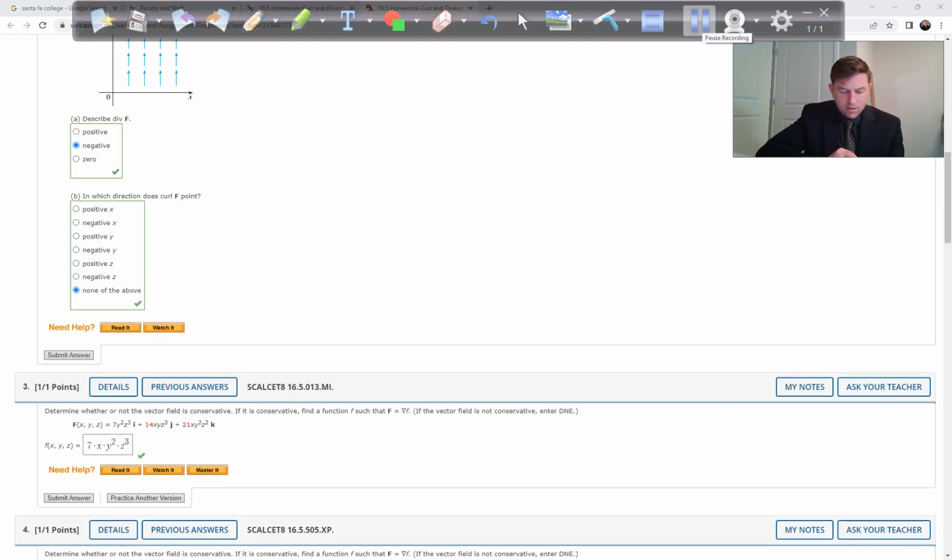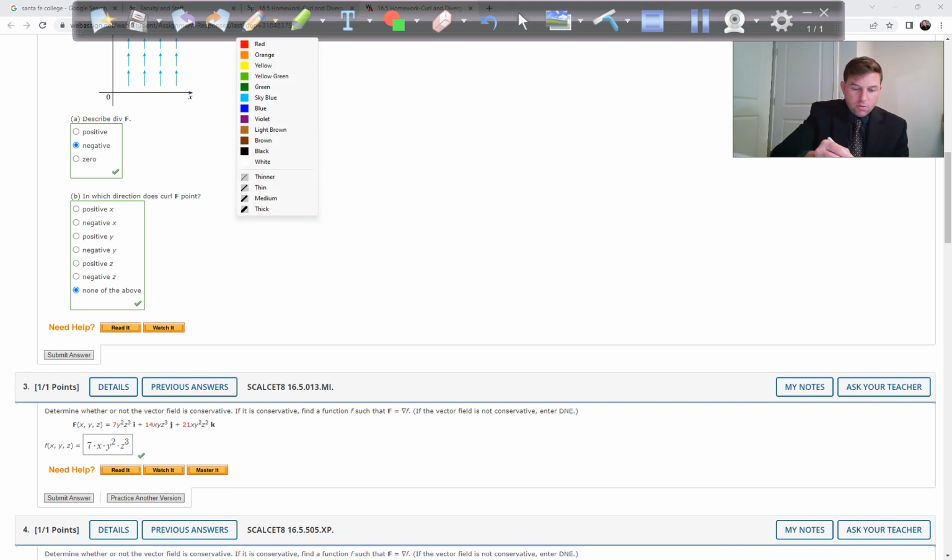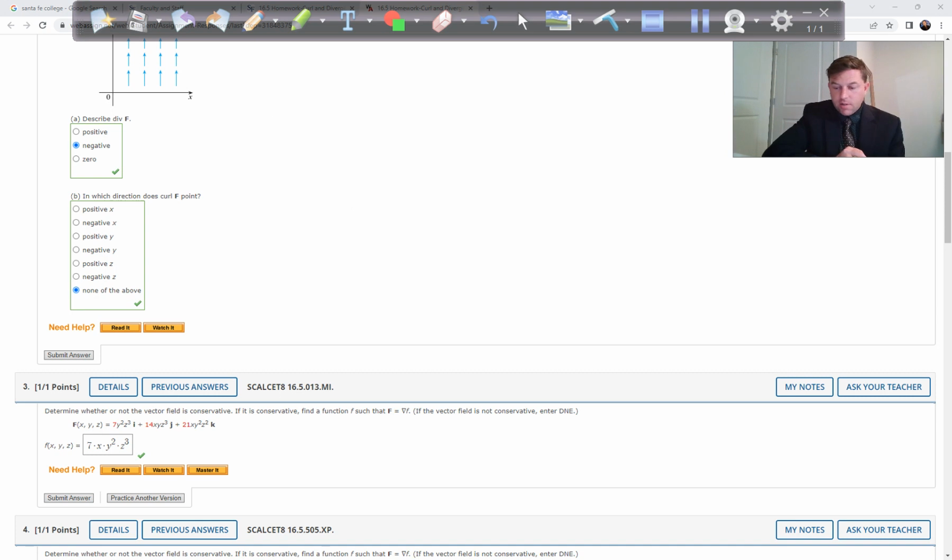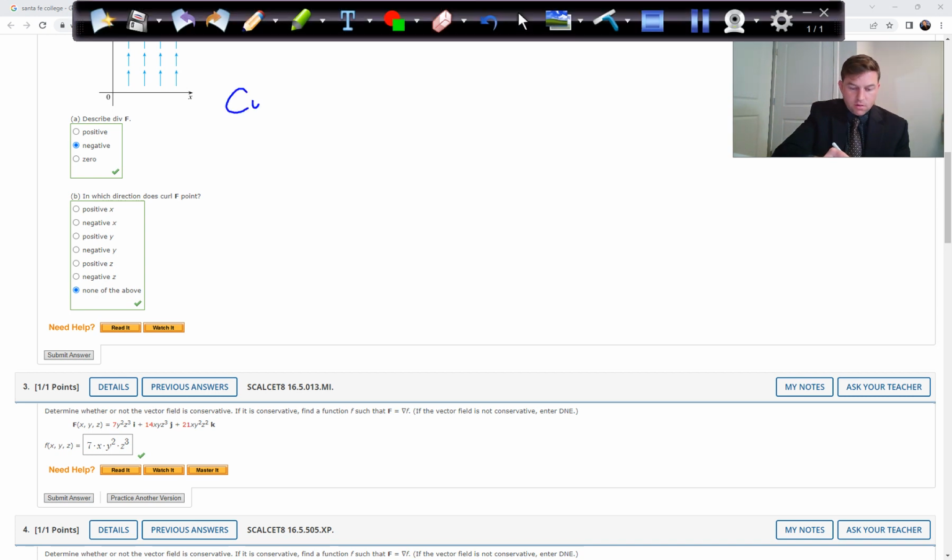Okay, so how do we calculate the curl? When we're doing things like the right-hand rule, that is indicative of a cross product. So the curl of F is equal to the gradient vector crossed with the vector field F. We're not going to actually do it this way, but if we did want to, it would look like this.